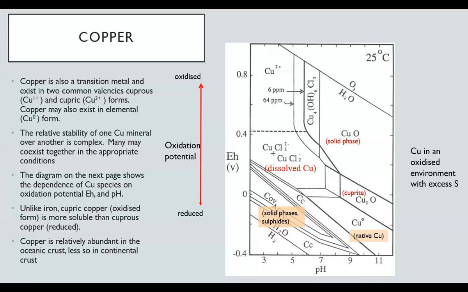But in this case, the main point to present here is if you go from native copper, you increase, you'll get cuprite, then you can get it as a solid oxide phase as we increase in its redox state.